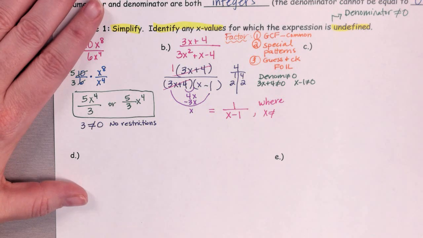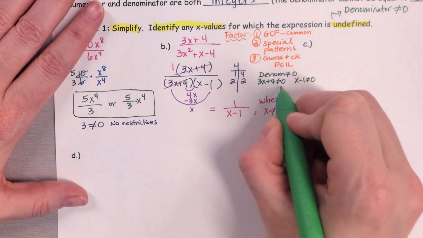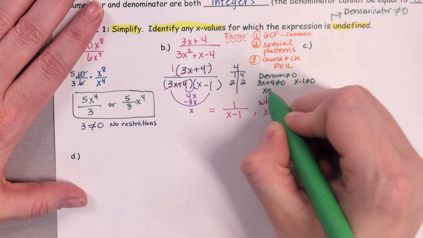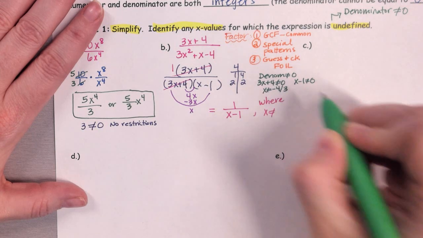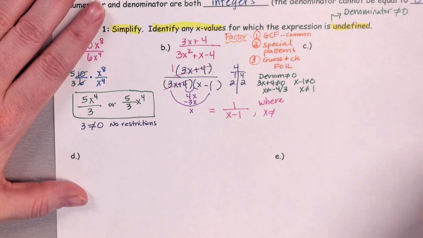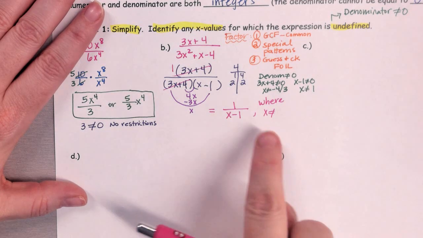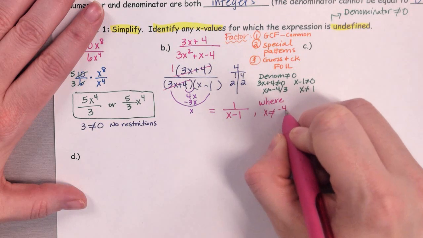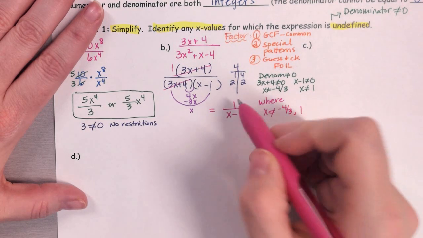Is it okay if I solve it in one step? Like you would subtract the 4, and then you divide by 3, right? So this would be x can't be negative 4/3, and then this would tell you that x can't be 1. So your final answer would be where x can't be negative 4/3, and then comma 1.